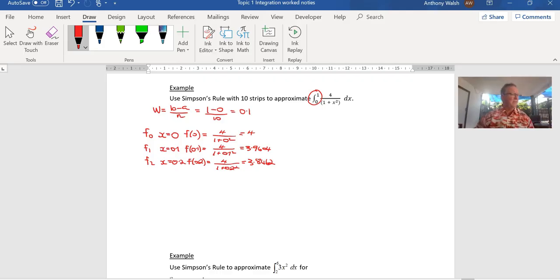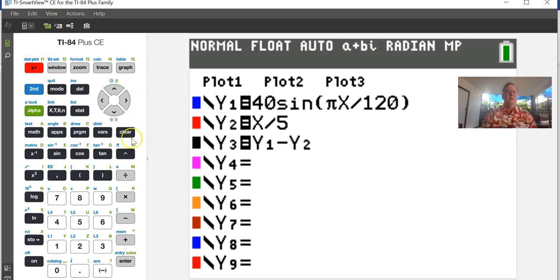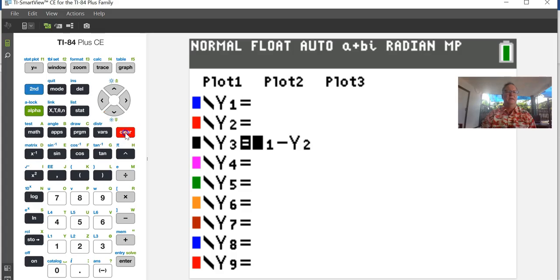Gosh, surely there's an easy way to do all this. Yes, there is. We can just get our calculator and find all of those values. So, here's what we do. Go to our calculator and go to y equals. Anything else that we had previously, we can get rid of for now. So clear, clear, clear.